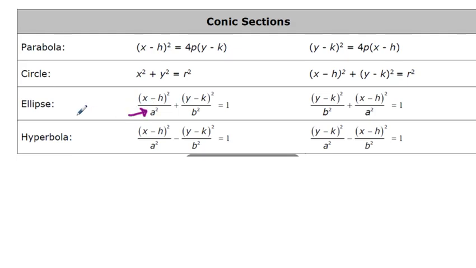A represents your semi-major axis, so that would be the square root of whatever this is. And B is going to be your semi-minor axis.